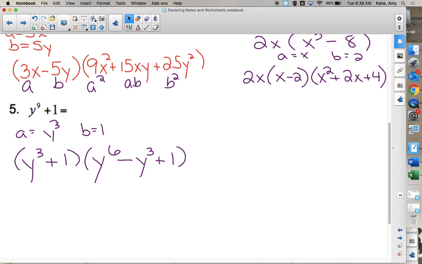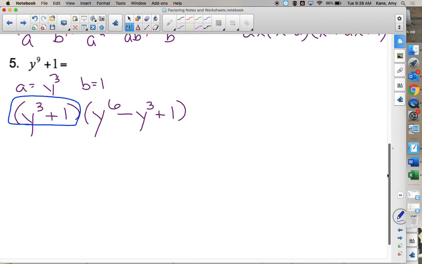Is this completely factored? Why not, Carrie? Yeah, this guy right here is still y cubed plus 1. And if it's still y cubed plus 1, it's still a sum of perfect cubes. So now the a term is just y, because the cube root of y cubed is just y. And the b term is still 1.